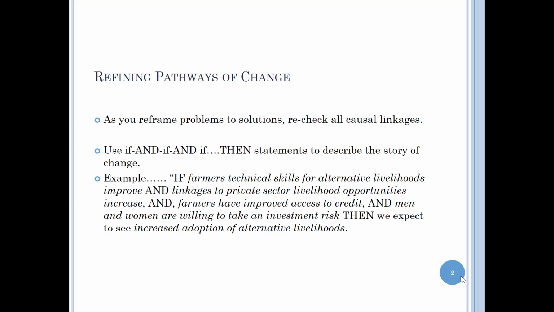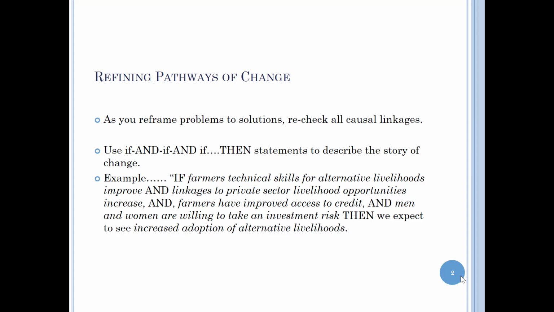You should use what we call if-and, if-then statements to describe the story of change, kind of rehearsing your theory of change. An example: if farmers' technical skills for alternative livelihoods improve, and linkages to private sector livelihood opportunities increase, and farmers have improved access to credit, and men and women are willing to take an investment risk, then we expect to see increased adoption of alternative livelihoods.